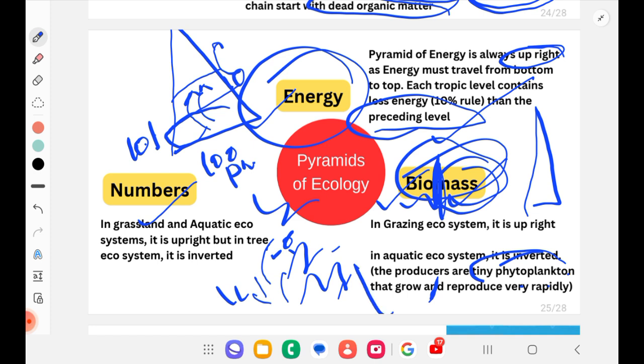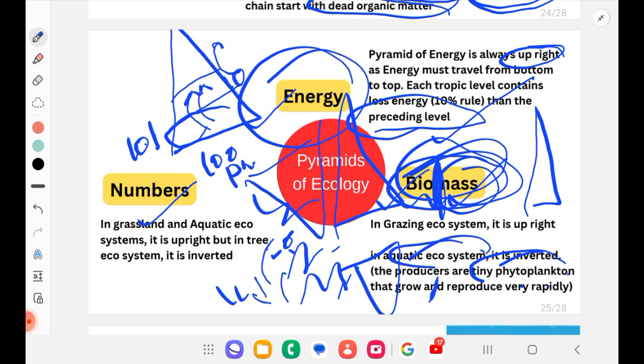Okay, in biomass pyramid, it is upright in case of grassland, and it is inverted in case of aquatic or marine ecosystem. Why? Because number of sharks and all will be less compared to the rapid growth of phytoplanktons, the plants. Okay, in marine ecosystem or aquatic ecosystem.